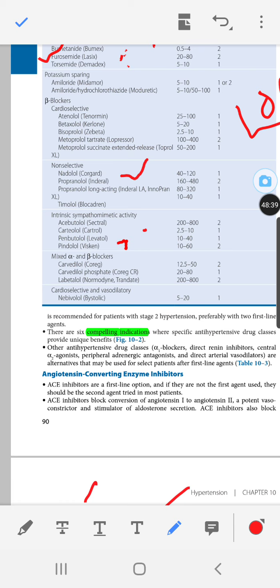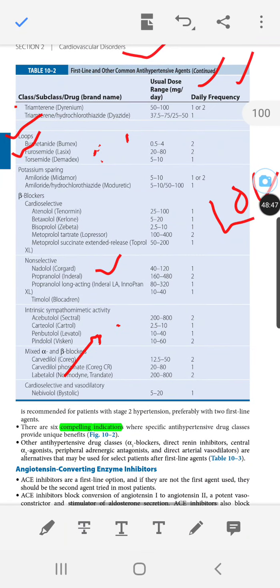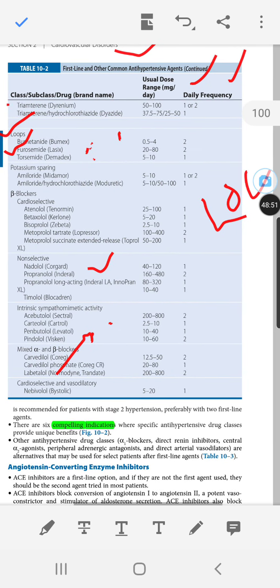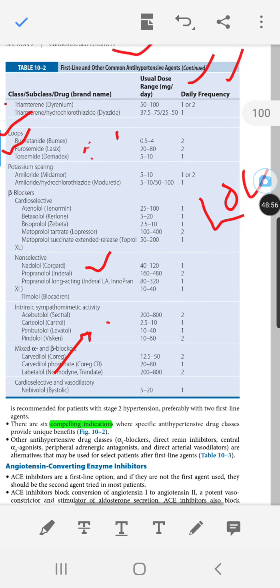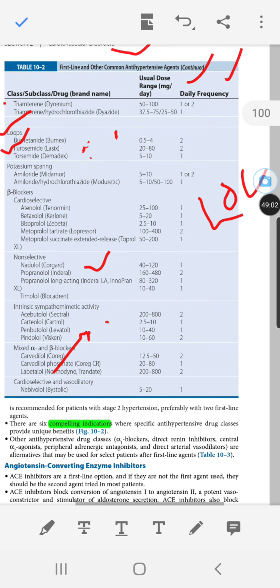So up till now we have discussed the diuretics, which include loop diuretics and potassium sparing diuretics. Then we have discussed the beta blockers, which include the cardioselective and the non-selective ones. The cardioselective includes atenolol, betaxolol, bisoprolol, and the non-selective includes propranolol, nadolol.